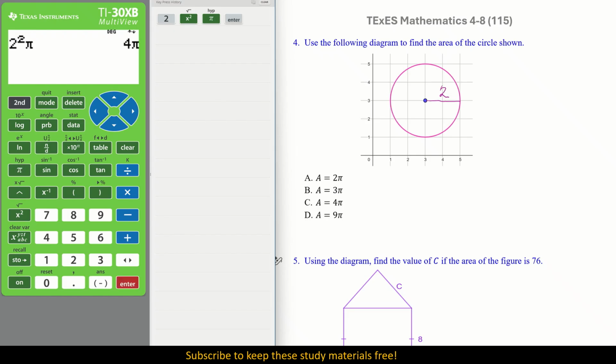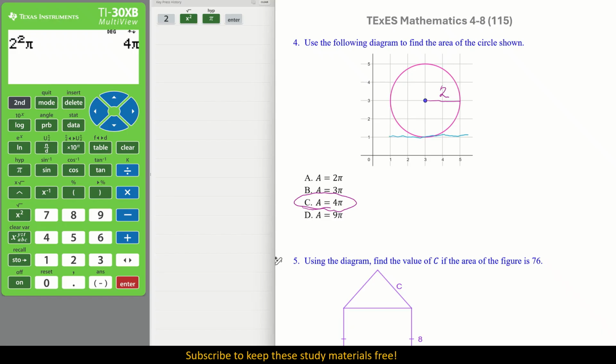Push enter for pi. Okay, now this may seem like a super simple question to you, but it may show up maybe in a little bit different form, but always be ready for something simple.